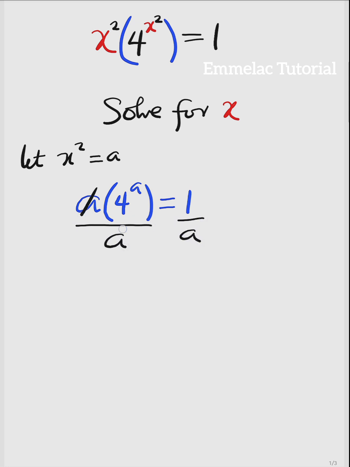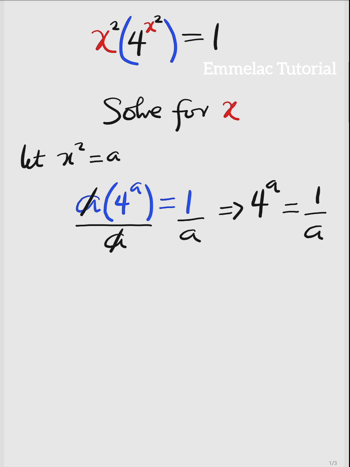Now this clears off this, so we are left with 4^a equals 1 over a. So the next thing we need to do here is to see a way to take this a, which acts as an exponent, to become an exponent to this. Okay, so then how do we do that?